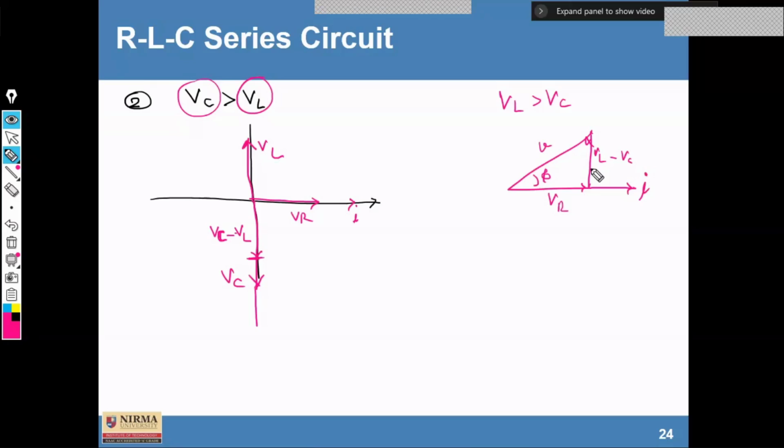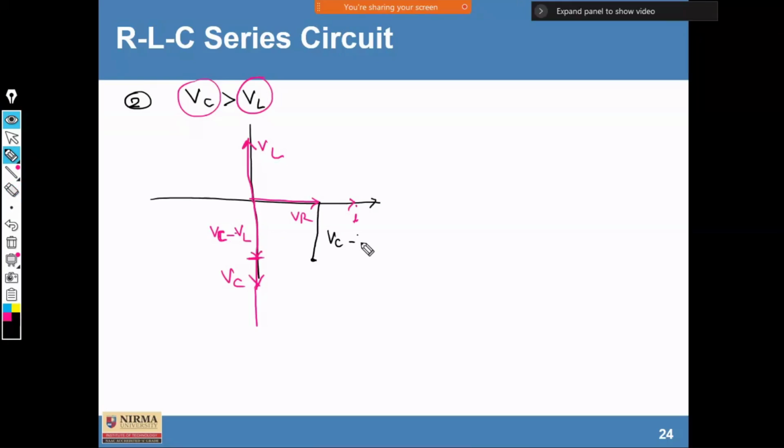Now in this case it would be different. We are going to transfer these vectors parallel to this, and this is called VC minus VL. If we draw the resultant, that is V, then this is an angle phi.